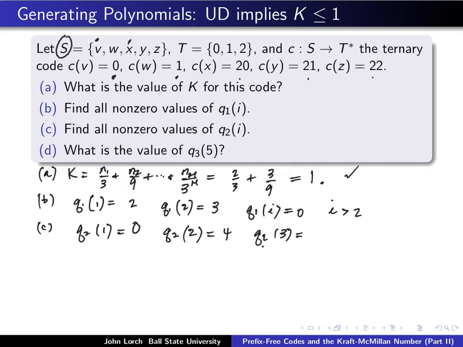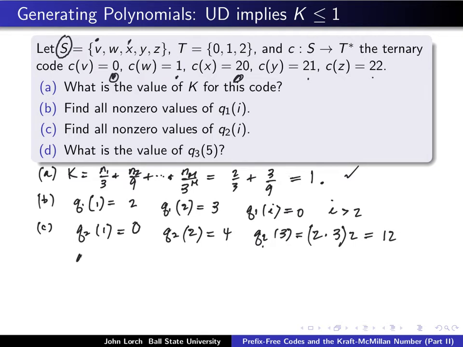So how many ways are there to do that? Well, the only way you can get something of length 3 is to put something of length 1 together with something of length 2. So there are 2 ways to pick something of length 1. There are 3 ways to pick something of length 2. And then the order that you put those things in matters, so you multiply by 2, and that product becomes 12. So q sub 2 of 3 is equal to 12.